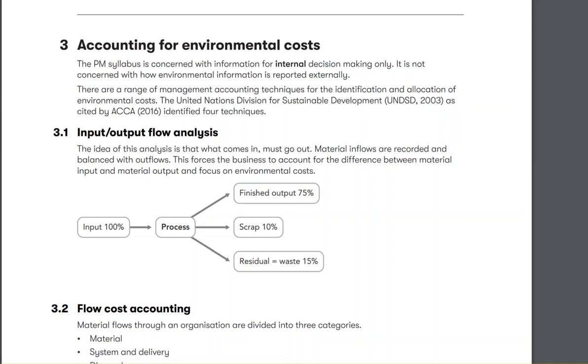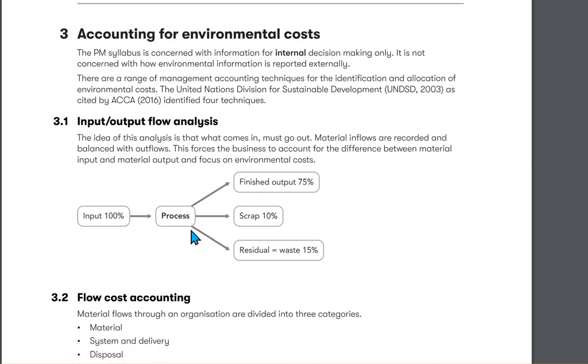Then we have finished goods, for example, 75%. We have scrap, 10%. So the remaining will be waste. So the lower the percentage of output or scrap, the higher the percentage of waste is going to be. So if we try to increase the positive products, what will happen is the waste would be reduced.